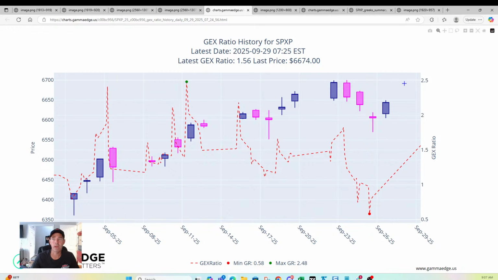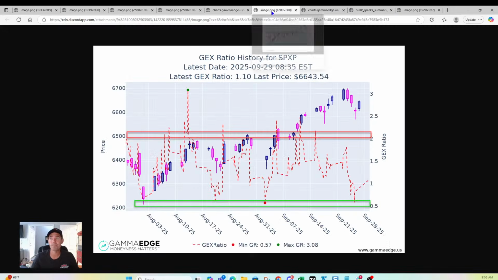That would be spot price up, as well as the gamma edge ratio, the GEX ratio, to the upside, indicating short dated call speculation is again driving price to the upside. So again, we'll watch this to see if we continue to see this GEX ratio moving to the upside, indicating short dated call speculation.